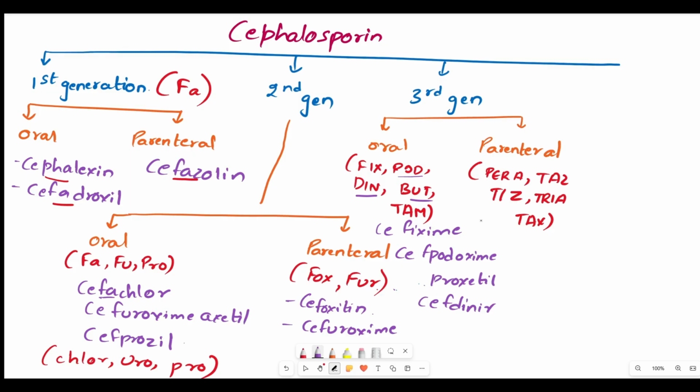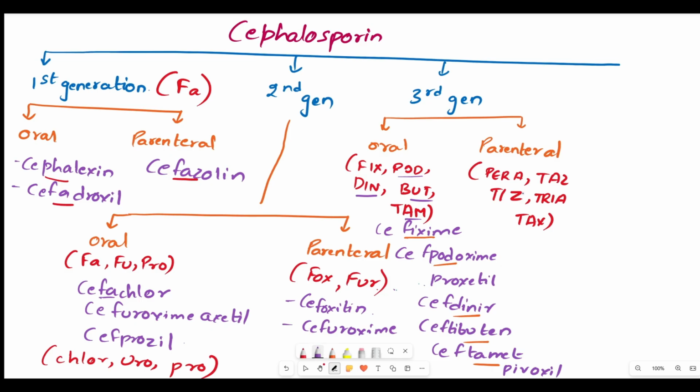The next one is BUT, which means ceftibuten. The last one is TAM, which means cefetamet pivoxil. If any drug has terms like fix, pod, din, but, tam, it will come under the third generation, especially in the oral class.